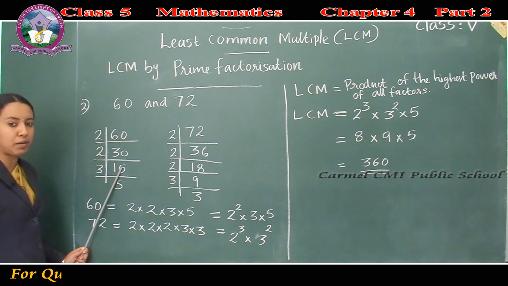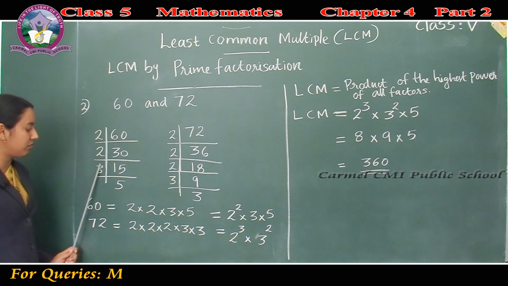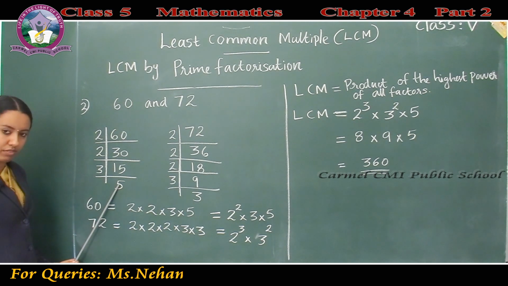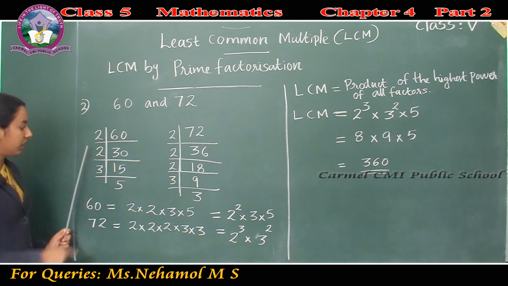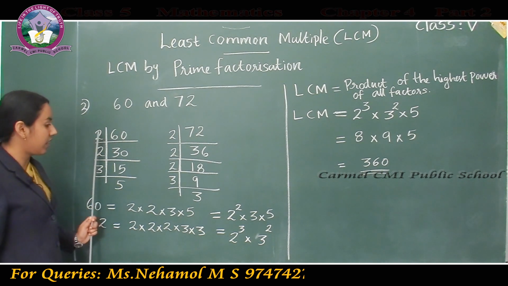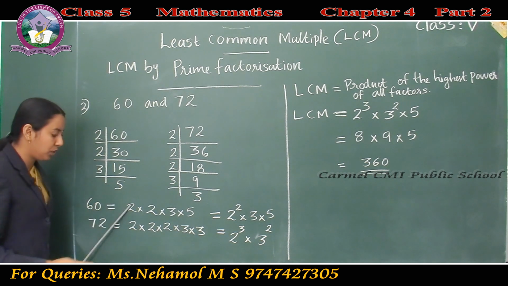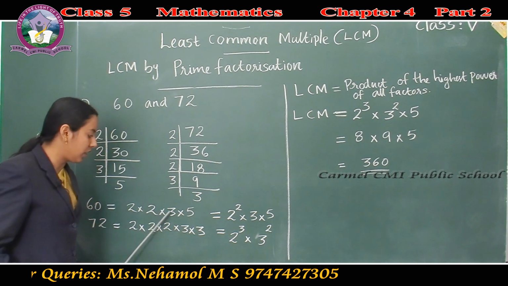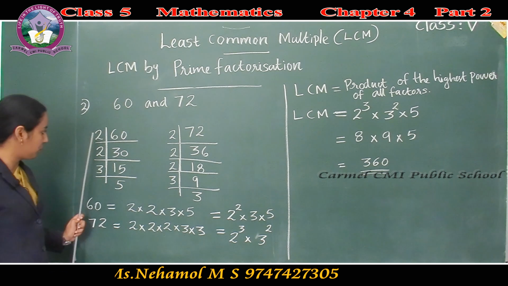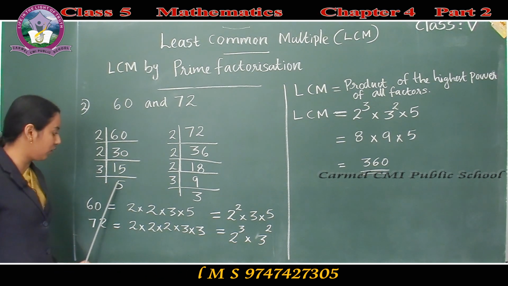So take the next prime number 3. Then 15 divided by 3 is 5. We got a prime number here. Then we can write 60 as the product of prime factors: 2 into 2 into 3 into 5.